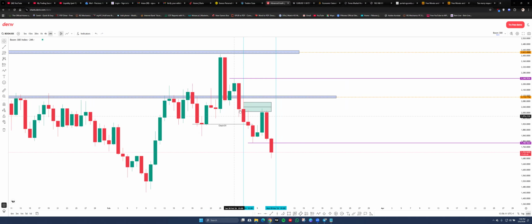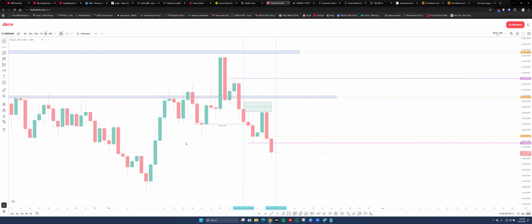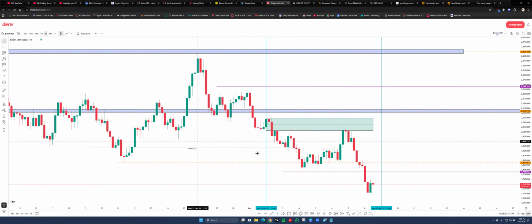But if you had been looking for buys from either here or here as your trading range, and you go down to 4 hours, you see how the market would have just taken you out. Yes, it trended in that direction. All your other blocks here were taken out. There was a trend.